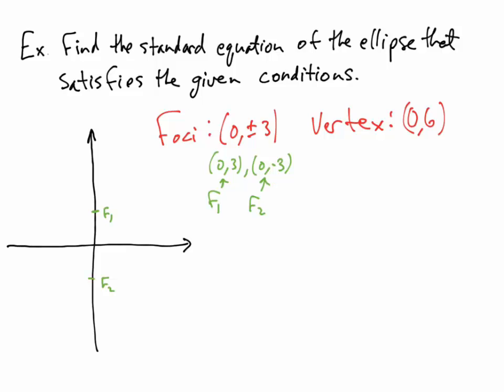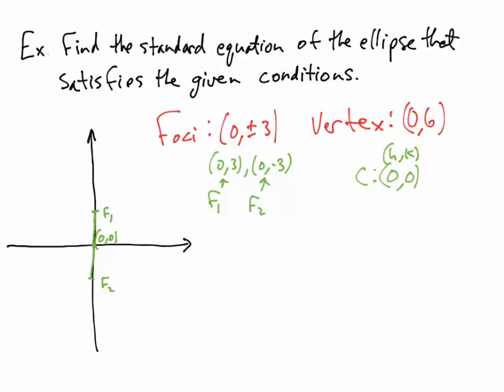Because those are the focal points, we know that the center is directly in between them. So the center has to be 0, 0, and that tells us what the h value and the k value are in our ellipse. Also, the focal points and the center always line up along the major axis.